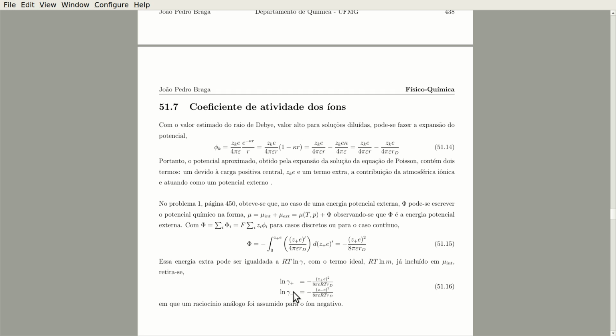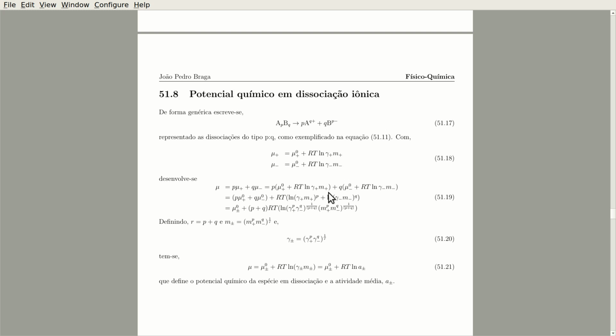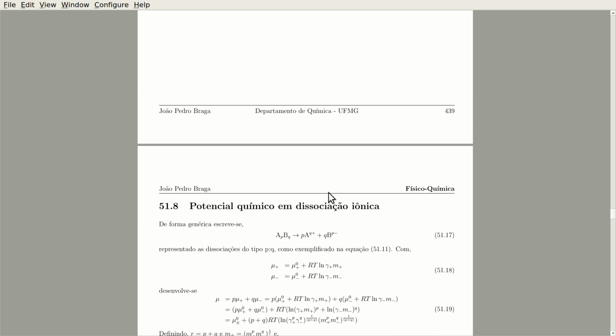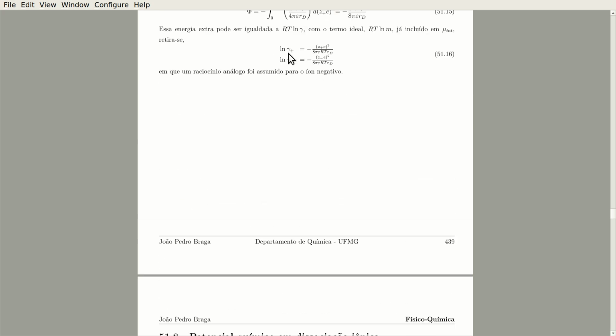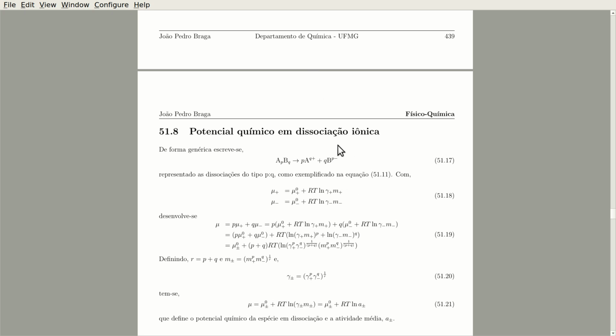So you get both expressions in 16, the activity coefficient for positive charge and the activity coefficient for negative charge. It is not possible to measure individual activity coefficients. Therefore, we have to deal with a mean activity coefficient, which is defined by expression 20.